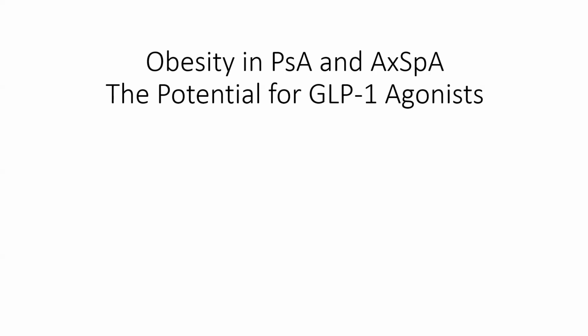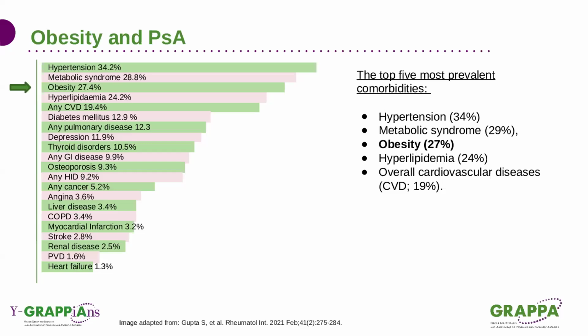Many of you may struggle with the fact that you're a bit overweight or significantly overweight, and you try as hard as you can with dietary approaches, just can't control that. We know that in psoriatic arthritis, there's a genetic proclivity to having obesity, 27% of patients.